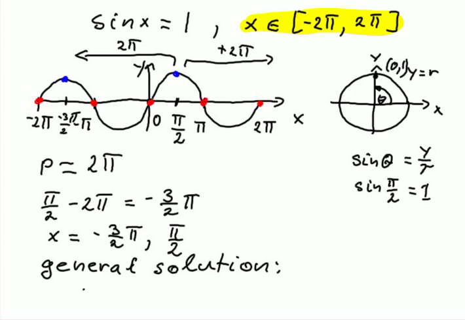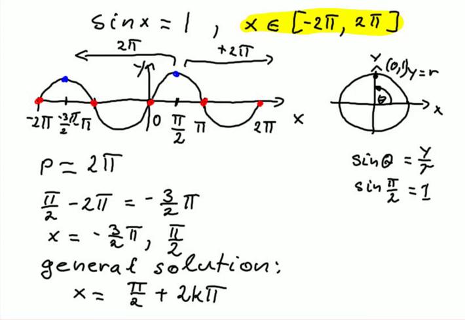So when we start with the first root pi over 2, we can say add multiples of 2 pi, so 2k pi.